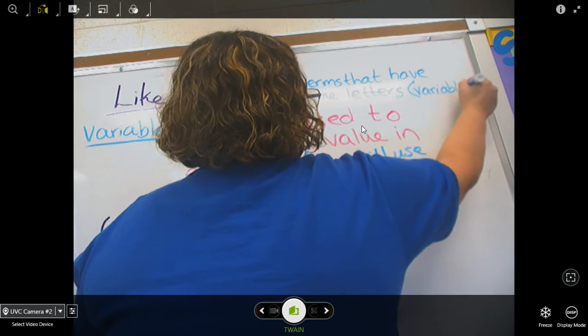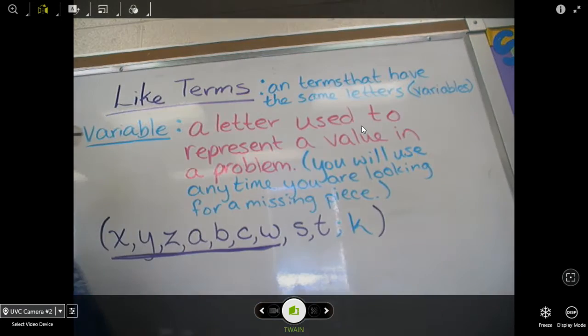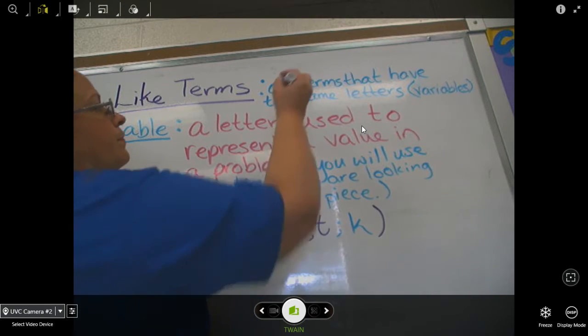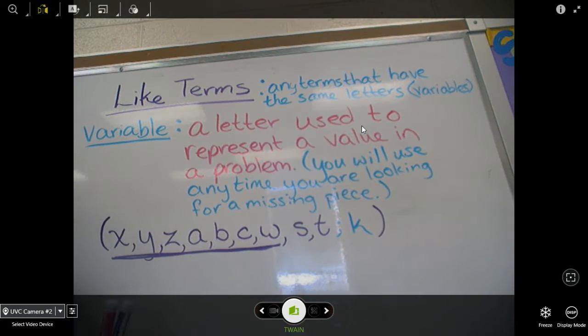I'm only going to use letters a few times. The rest of the time, I will say variables. Okay, so that's what like terms are. Any terms that have the same letters or variables.